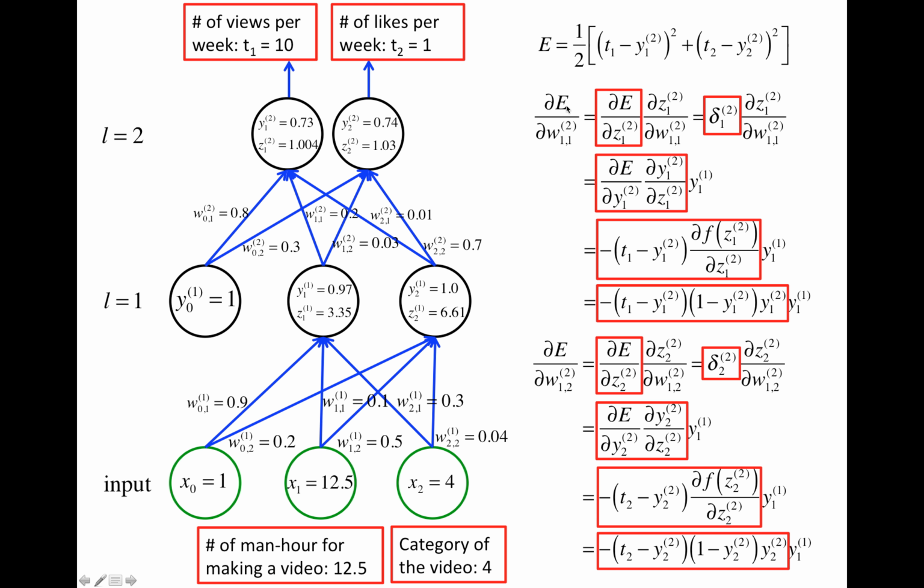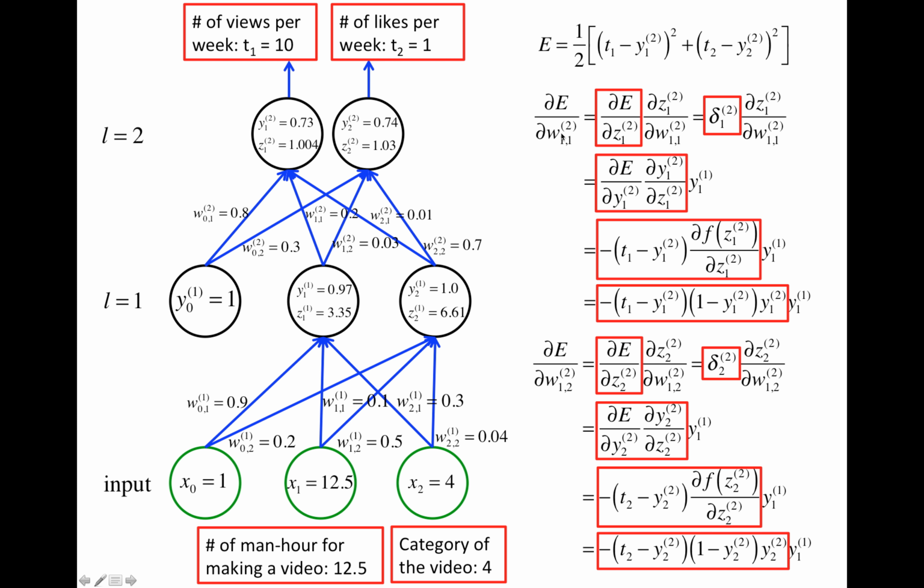So the weight W211 actually only contributes to the logit Z21, right? Because W211 is associated with the connection that goes into this first neuron in the second layer.